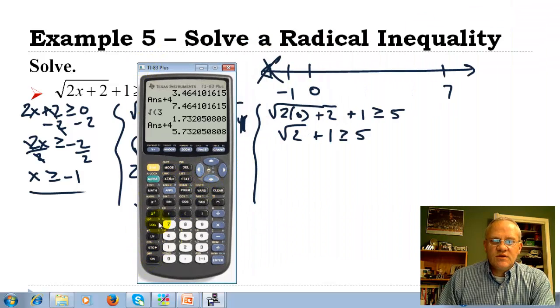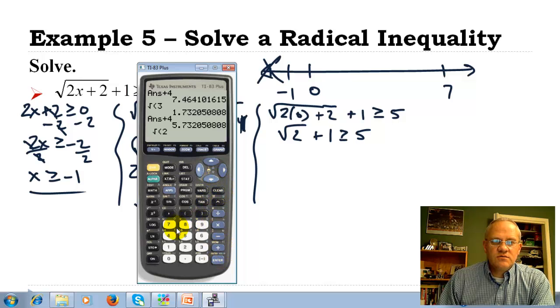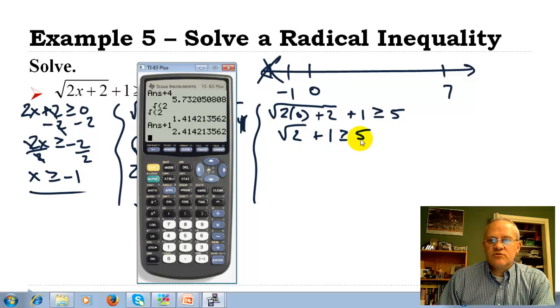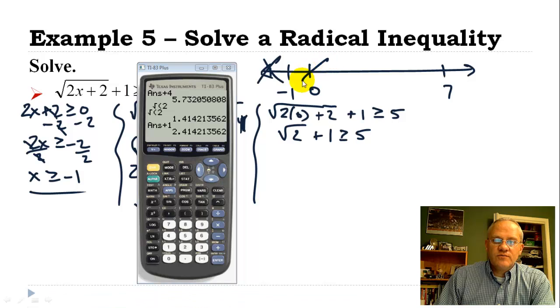Second function, square root of 2. Something went wrong. Let's try it again. Second function, square root of 2. 1.41 approximately plus 1 gives me 2.4. Is that greater than 5? No, it is not. So therefore, the stuff in the middle does not work either.